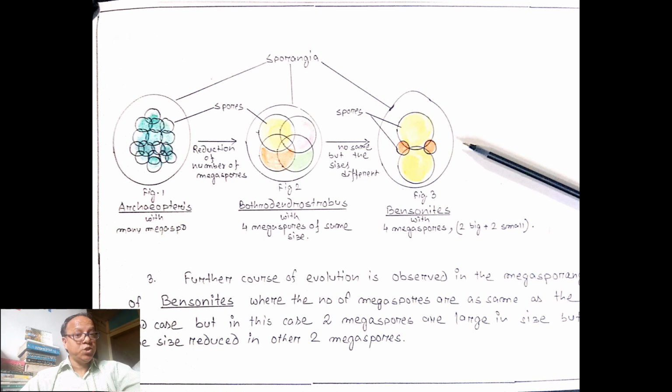But it is to be noted that in this case 2 megaspores are large in size. On your screen it is yellow in color in figure number 3, and the remaining 2 are reduced and they are smaller in comparison to the first 2. Okay.